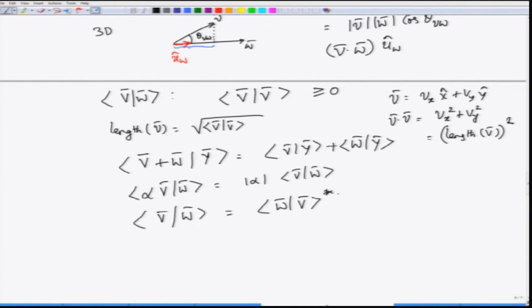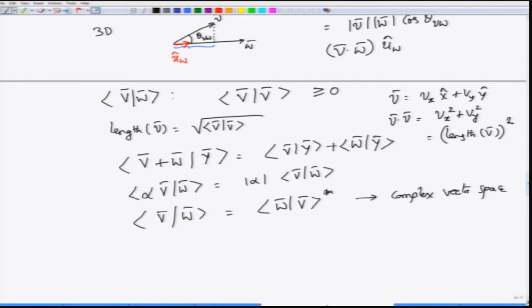That is, if I interchange the order, then I should get the complex conjugate, provided this is for the complex vector space, okay. For a real vector space, that is a vector space consisting of only real valued vectors, you can drop this conjugate, right. It would not matter because it would give rise to a scalar or a real number, and for real numbers we do not have this conjugate property, okay.